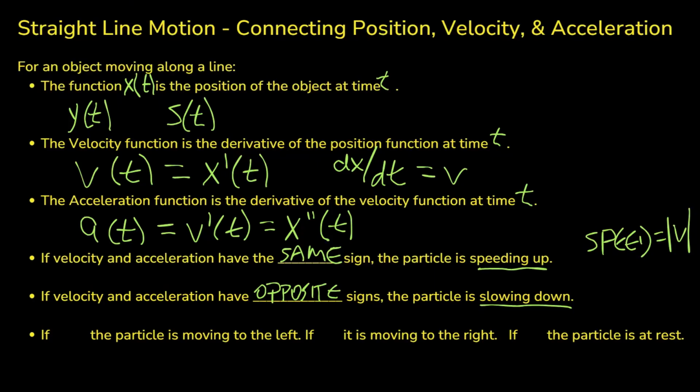Speed is just the magnitude of that. It's the absolute value. It's always going to be non-negative. Now, if the velocity of the particle is negative, then the object is moving to the left. If the velocity is positive, it's moving to the right. And if the velocity equals 0, the object's going to be at rest.